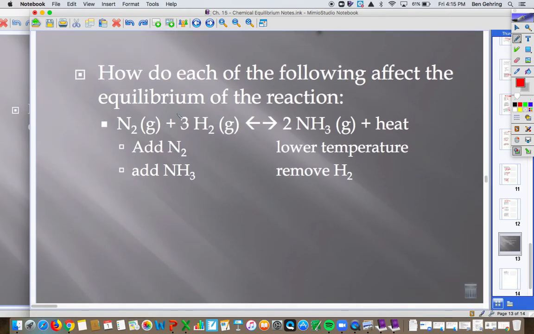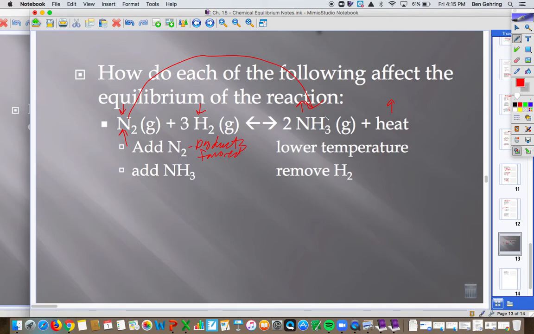Is it going to shift left, right, or not at all? If I add nitrogen, which means this goes up, it's going to push this way, which means my hydrogen concentration is going to go down, my nitrogen concentration is eventually going to go down, my ammonia concentration is going to go up, and I'm going to make more heat. So this favors your products or forward reaction.